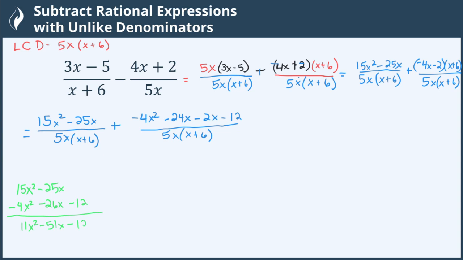So this tells me that my answer is going to be 11x squared minus 51x minus 12 all over my 5x times the quantity x plus 6. That makes for my final answer: 11x squared minus 51x minus 12 all over my LCD of 5x times the quantity of x plus 6.